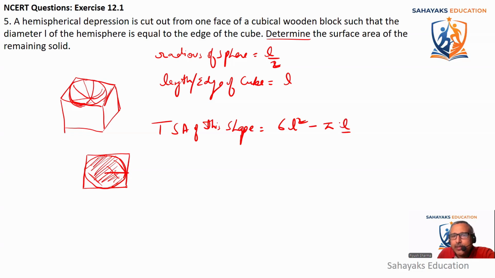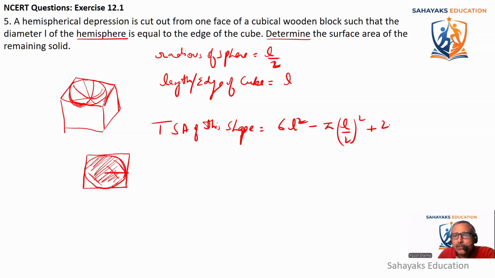So we'll say pi (L by 2) square. Plus there is a hemisphere which is dug out. When the hemisphere is dug out, that means we have to take the surface area of the hemisphere also.